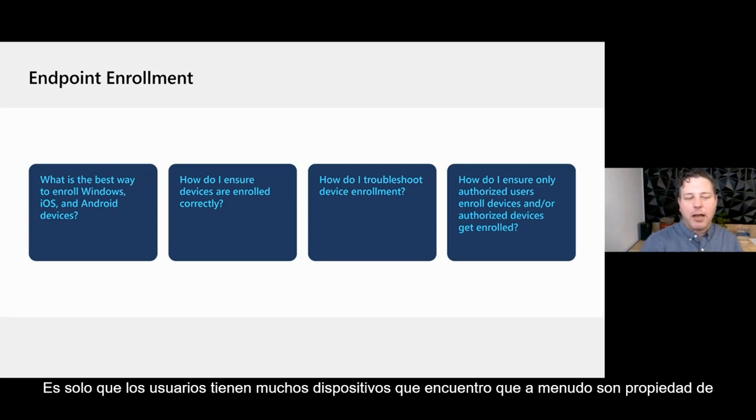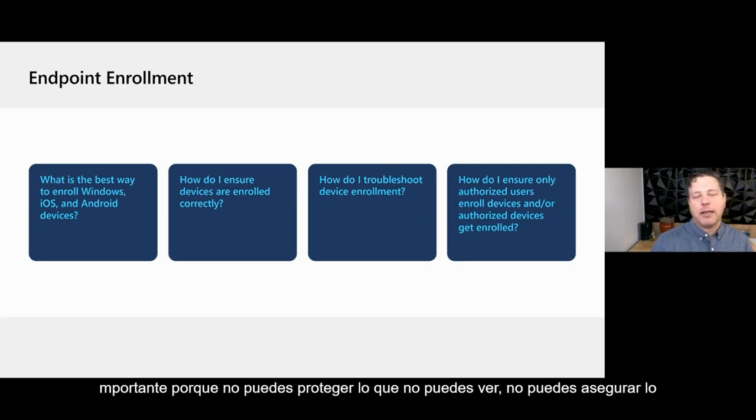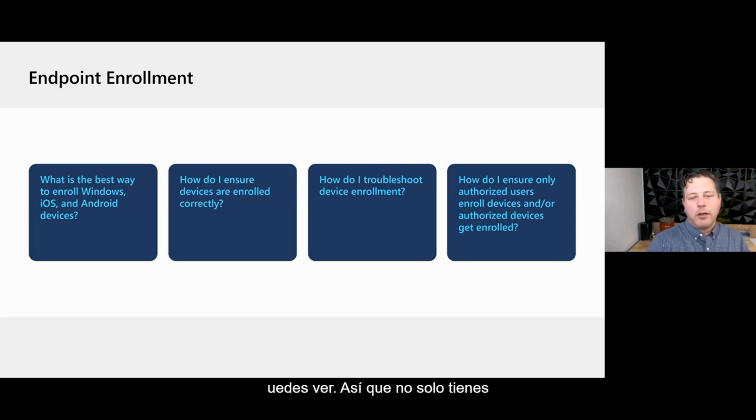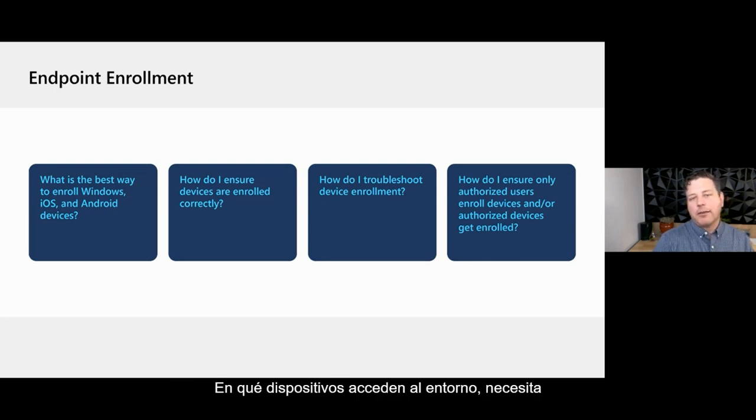I find that oftentimes company-owned devices are not enrolled correctly. There's often not as much oversight into this, and I think it is super important, because you can't protect what you can't see, you can't secure what you can't see. So not only do you have to have strong identity protection with MFA, you really do need visibility into what devices are accessing the environment.